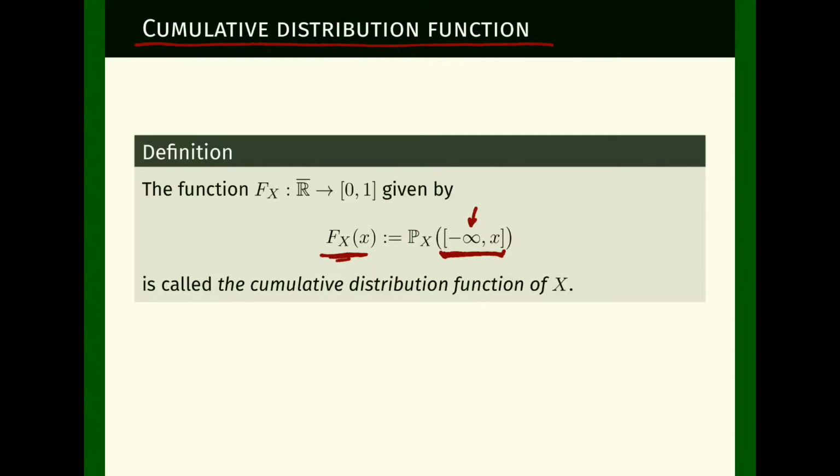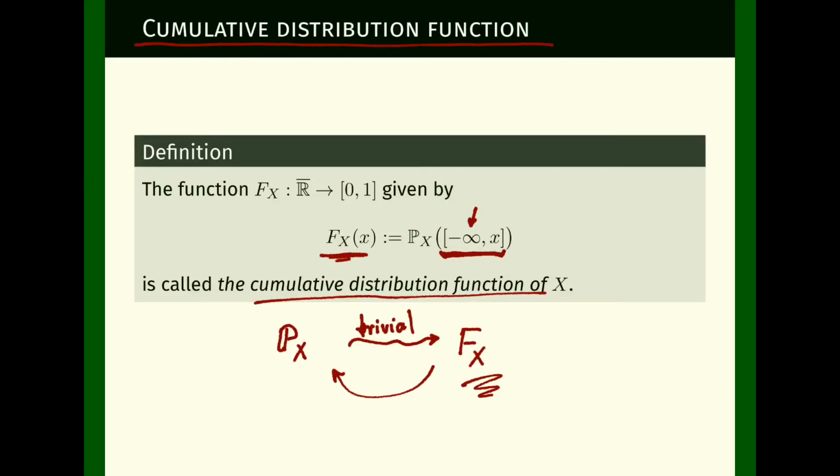And of course, if we know the distribution of X, this determines the cumulative distribution function of X. And it turns out that if we know the cumulative distribution function of X, then we know the distribution of X. One direction is obvious and trivial, because F_X is just evaluating this function P_X at a certain specific type of set.